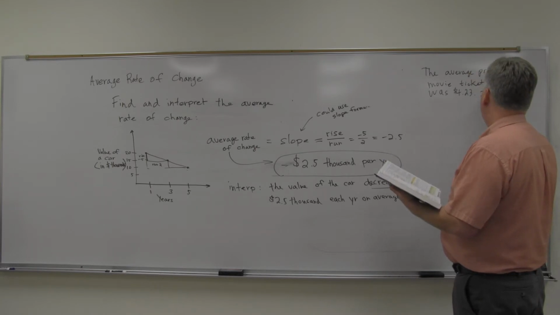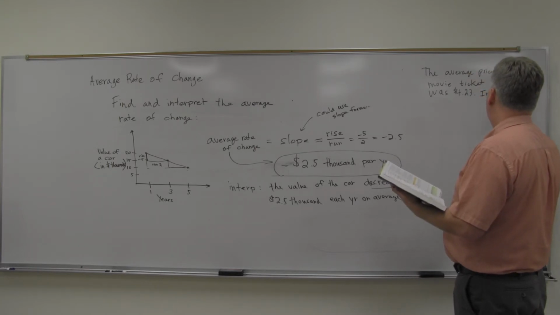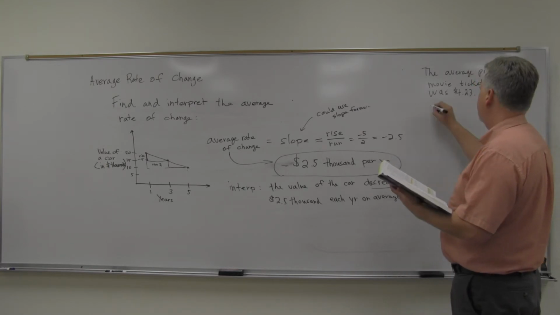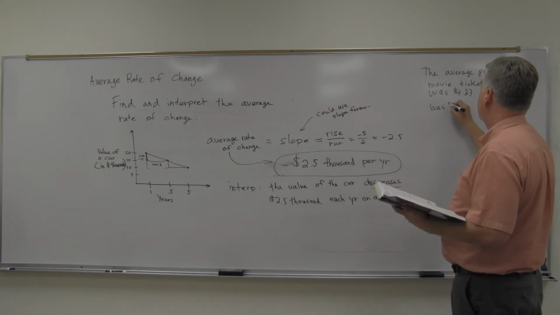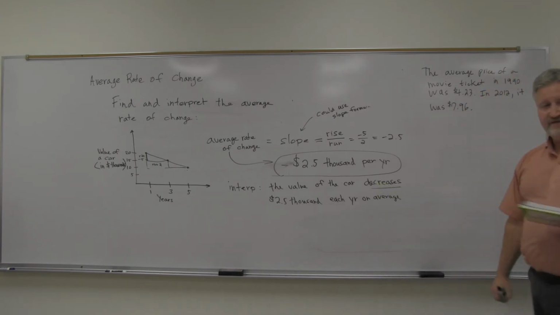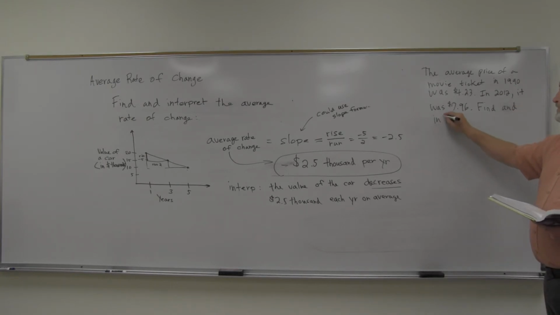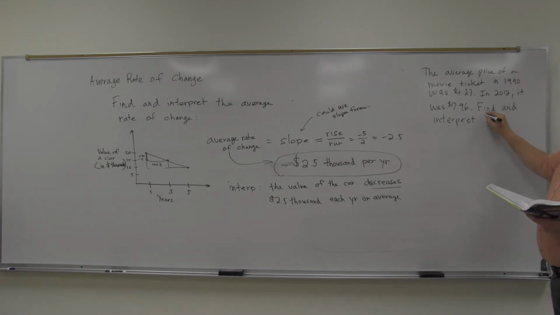In 2012, it was $7.96. As you know, ticket prices went up. Usually do. All right, so again, same instructions. Find and interpret the average rate of change.